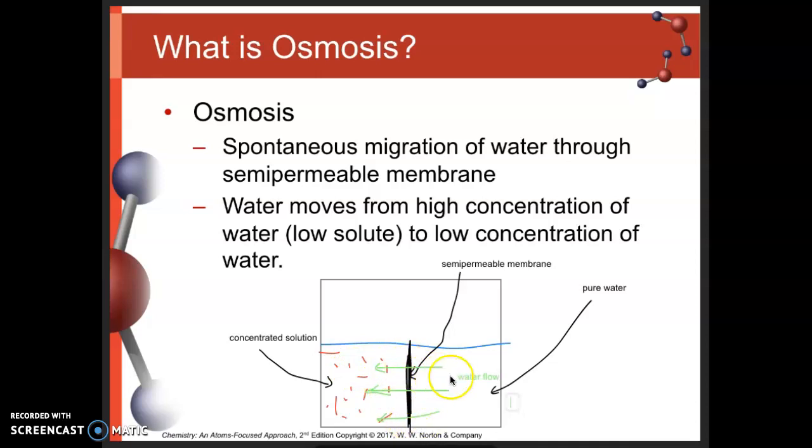And so the only thing that can go through it is water. And so from that standpoint, this side has a higher concentration of water. This side has a lower concentration of water. And so the water will flow to try to even out that concentration difference. That's what osmosis is all about.